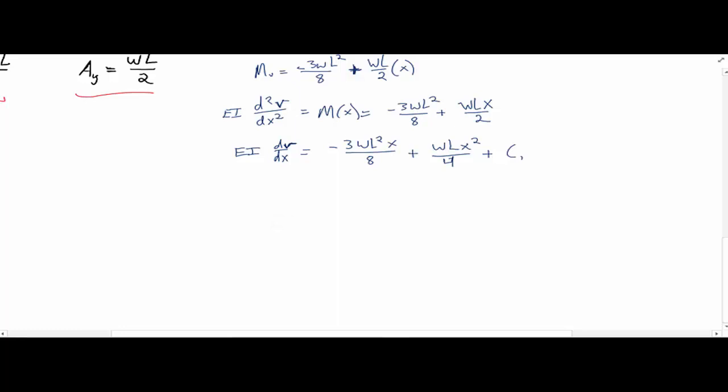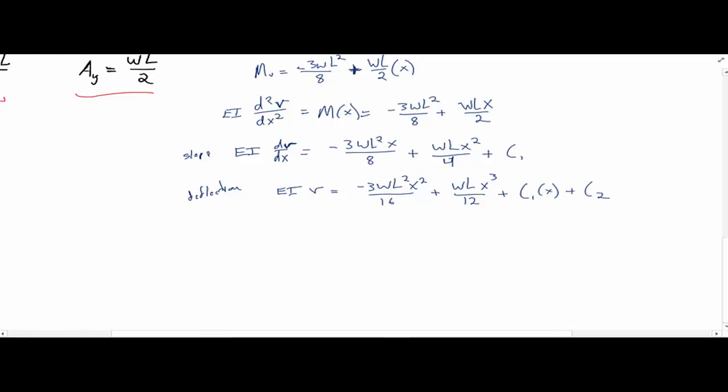I'm going to write slope here. The next one is for deflection. EI nu equals negative 3WL squared x squared over 16 plus WLx cubed over 12 plus our constant of integration multiplied by x plus another constant of integration.